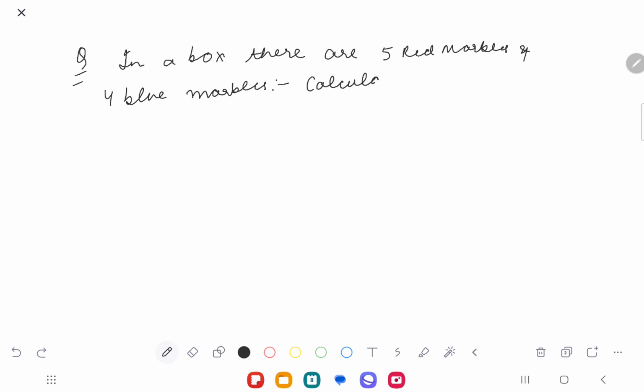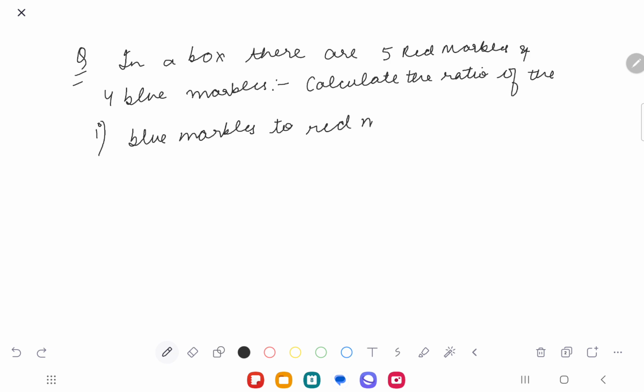Calculate the ratio of the number of blue marbles to red marbles, blue marbles to red marbles.